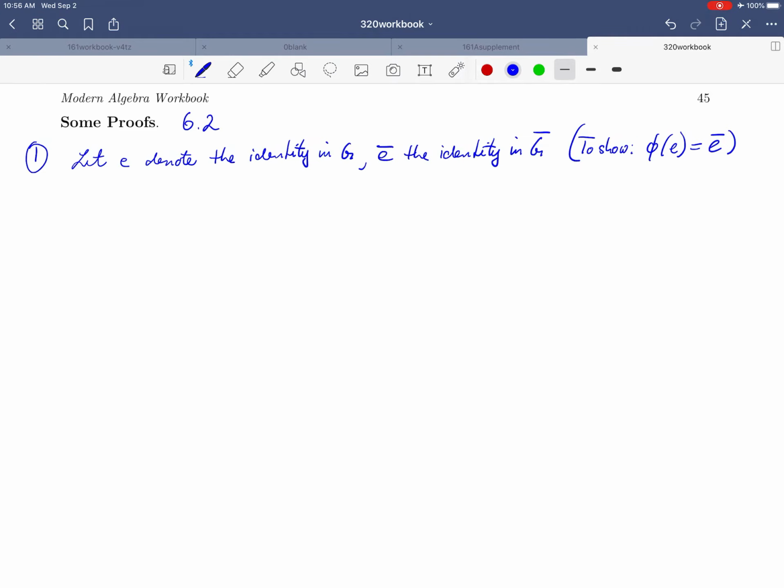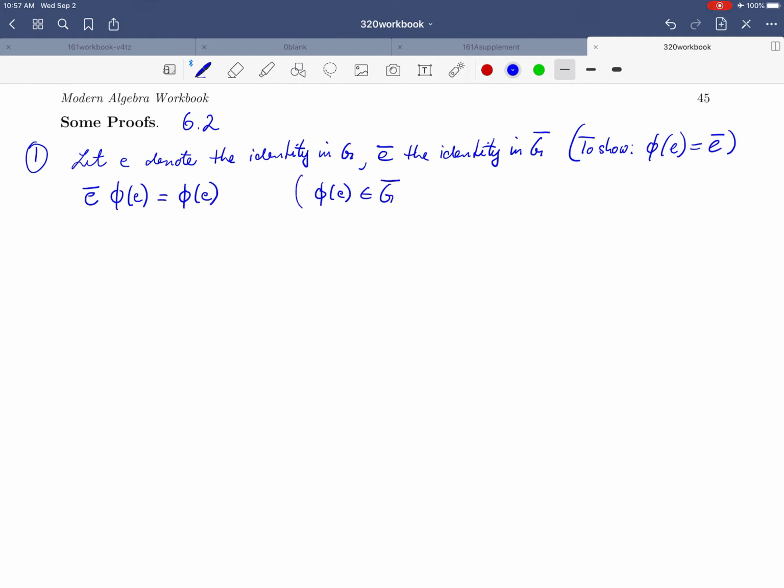We have to show something about E bar, and what we know about E bar is that it's the identity in G bar, and we somehow have to get phi of E in here. So if I take E bar and I multiply it by phi of E, since E bar is the identity in G bar, I know that it doesn't change phi of E. Because phi of E, I don't know right now what it is, but I know it's an element in G bar.